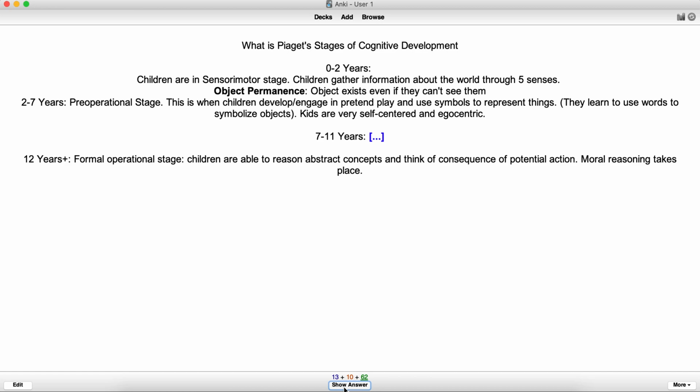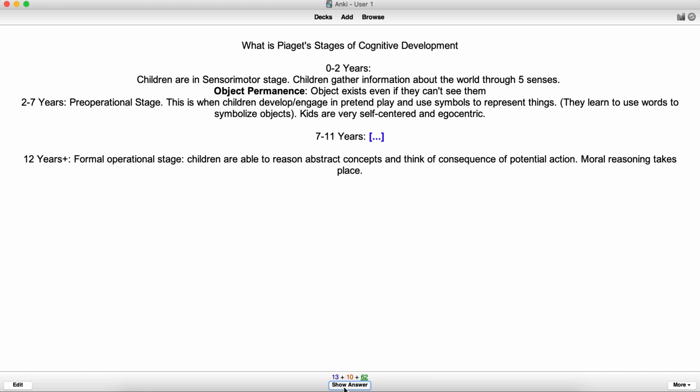Seven to 11 years is called the stable operational stage, and seven to 11 years is when children, development. I know it's called stable. I think it's when they start learning about conservation.